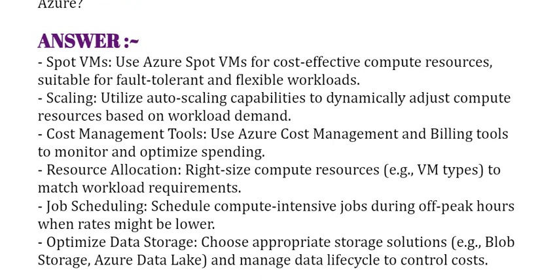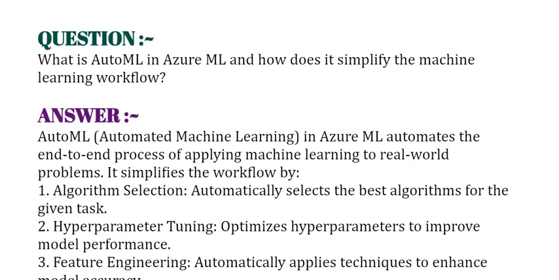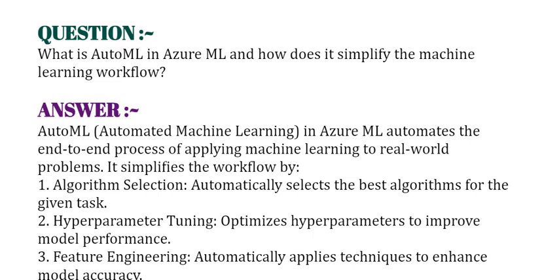Right-size compute resources, for example VM types, to match workload requirements. Job scheduling. Schedule compute-intensive jobs during off-peak hours when rates might be lower. Optimize data storage. Choose appropriate data storage solutions, for example Blob Storage or Azure Data Lake, and manage the data lifecycle to control costs.